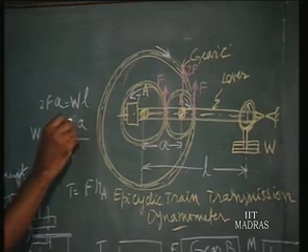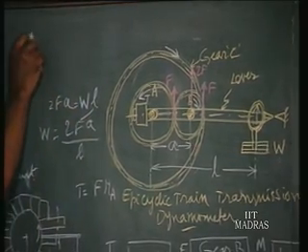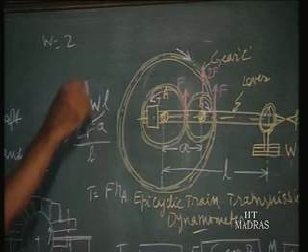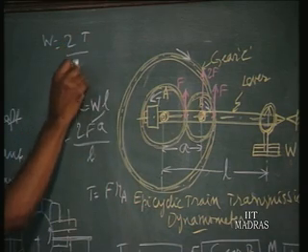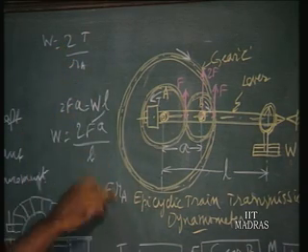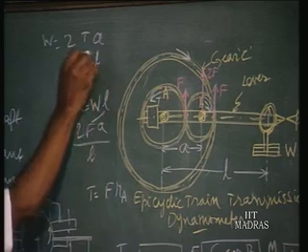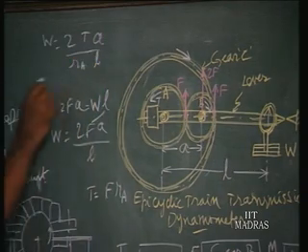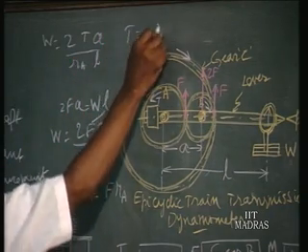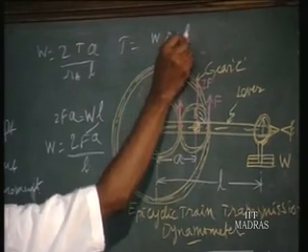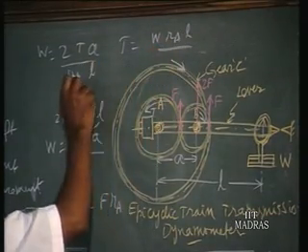So substitute for F, then you will find W is equal to 2 into T by RA into A by L. So from here the torque is equal to W RA into L by 2A.